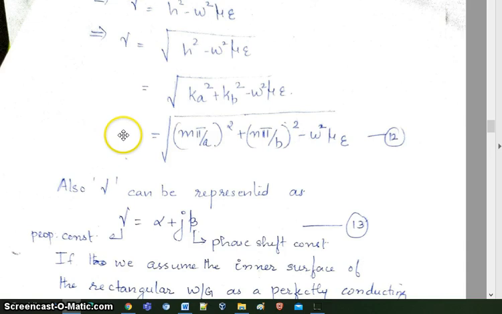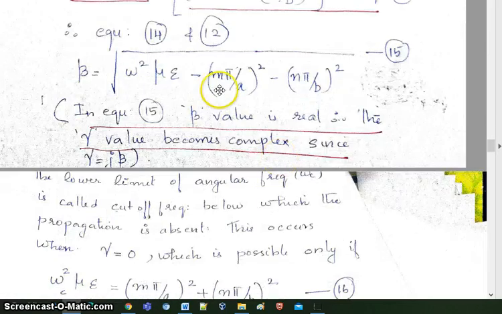I am substituting j beta, that is just removing the beta term. So beta is equal to what? I am slightly rearranging the term as omega square mu epsilon minus (m pi by a) the whole square minus (n pi by b) the whole square.